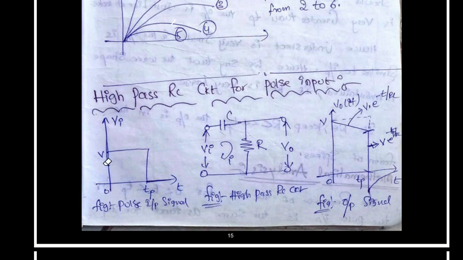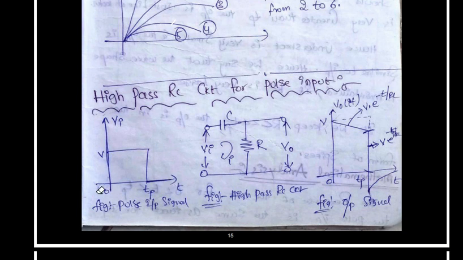Next case is at t equal to 0, the input signal suddenly increases, whereas for t less than 0, the input signal is 0. From 0 to Tp, the input signal has constant amplitude. At t equal to Tp, the input signal suddenly decreases to the low value. And for t greater than Tp, its value is 0.